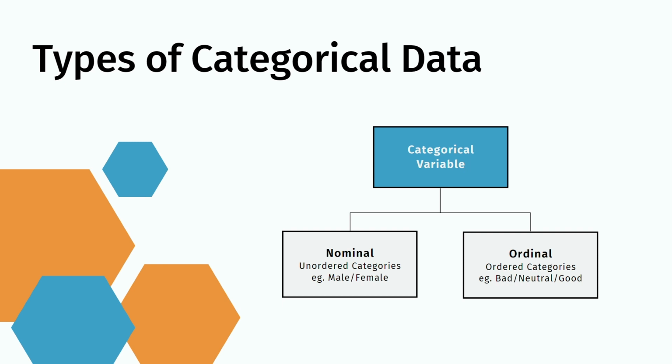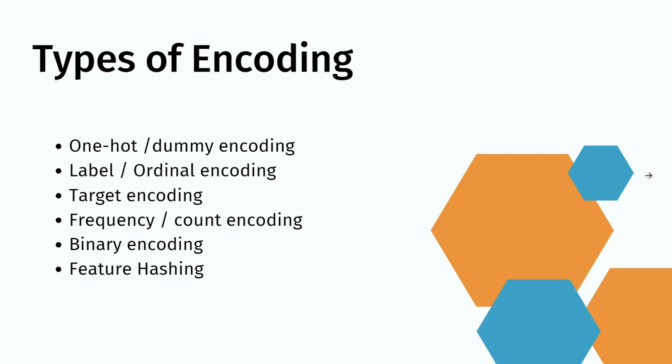You can mark good as 3, neutral as 2, bad as 1, or something like that. It's ordered, so that's what ordinal is. For this kind of categorical variable, you can encode it using ordinal encoder or label encoder. Both are more or less the same. Now let's move on.